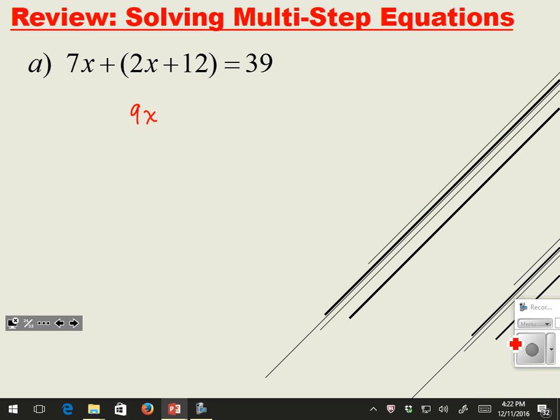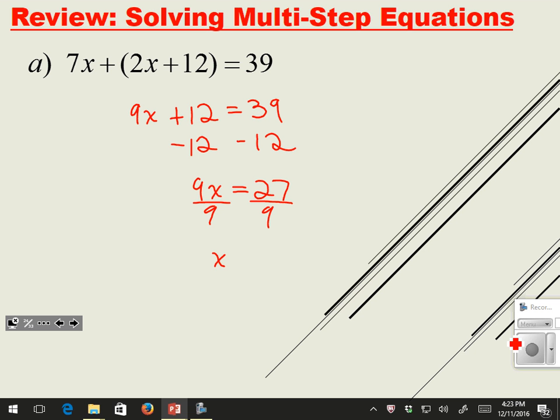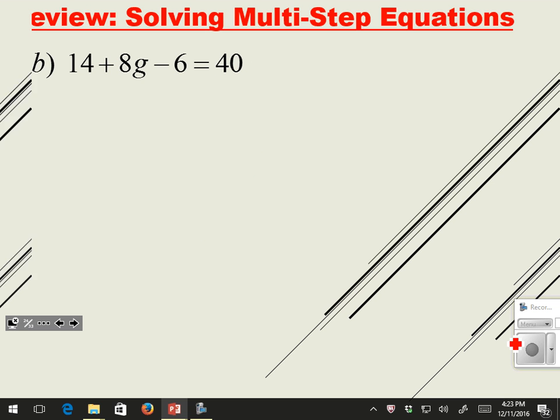I get 9x plus 12 is equal to 39. I subtract 12 from both sides, and then I get 9x is equal to 27. My last step is to divide both sides by 9. X is equal to 3. Go ahead and go to letter B. Please pause, and as soon as you finish, continue playing.